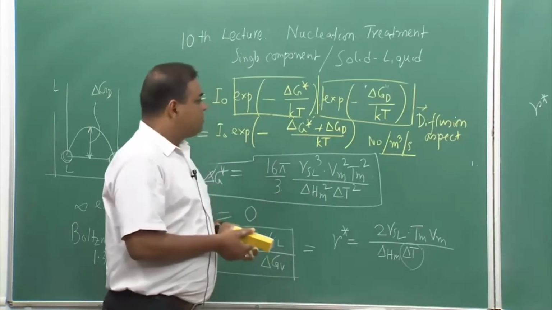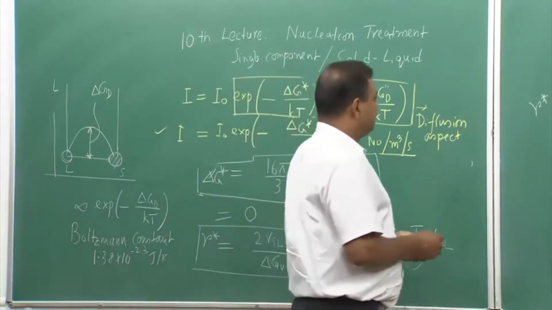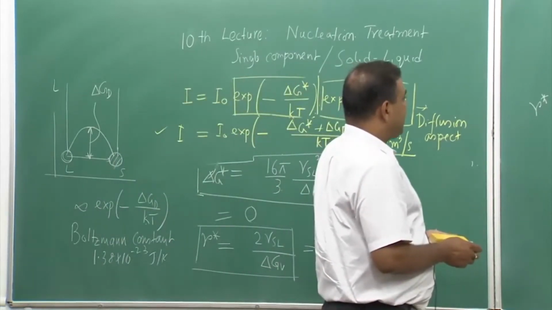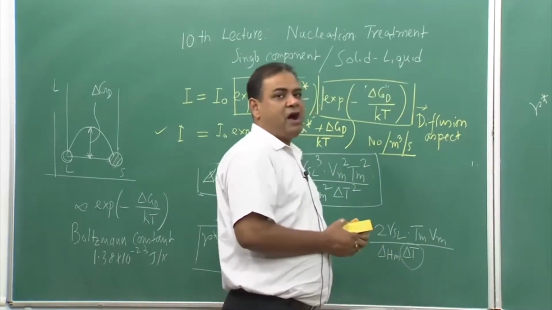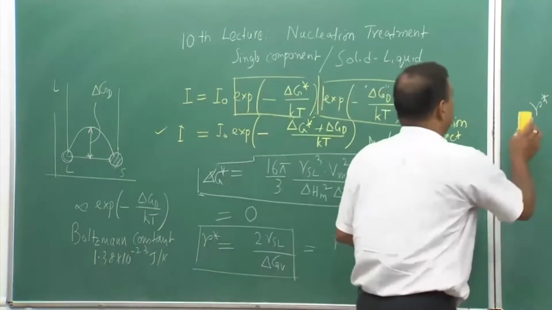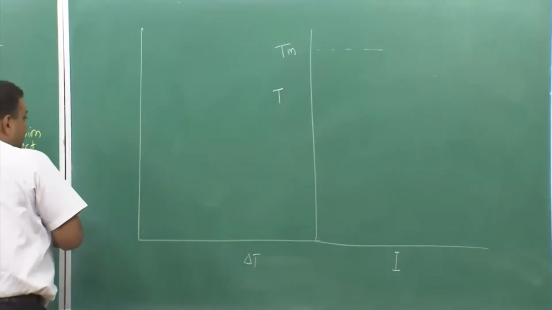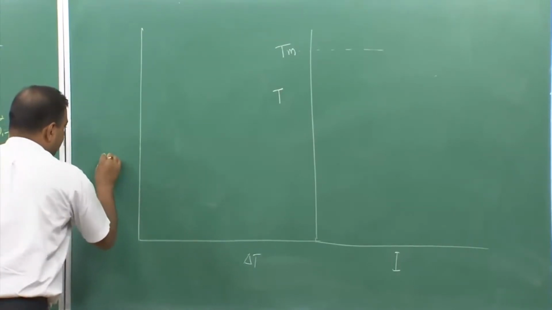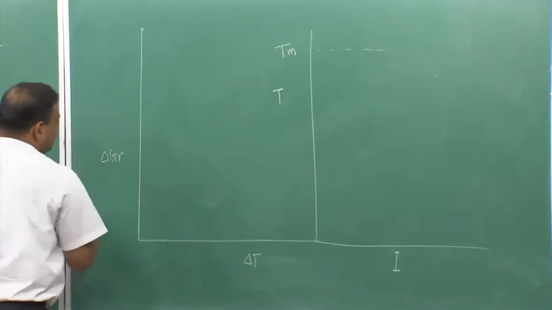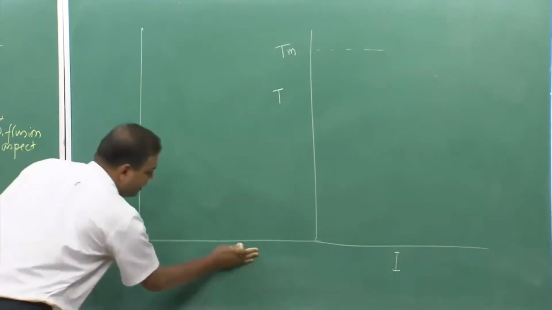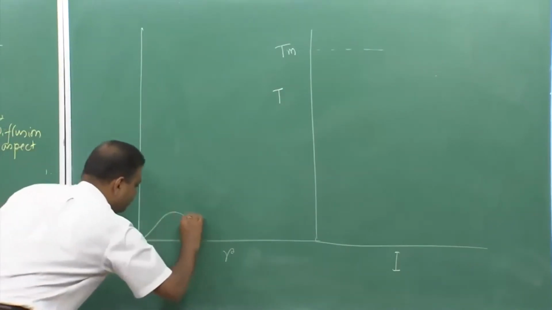Another thing: if I try to plot at different temperatures what would be the variation of R star, we can also have a plot like that. For example, if I try to see the variation of delta G R as a function of R, that plot would look like this.